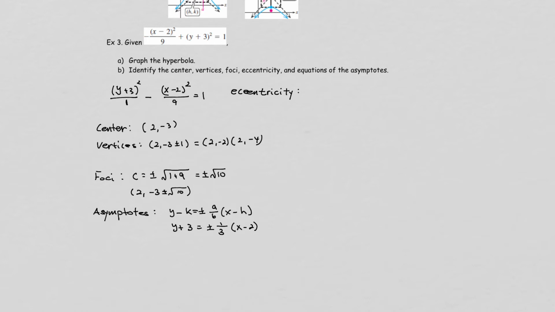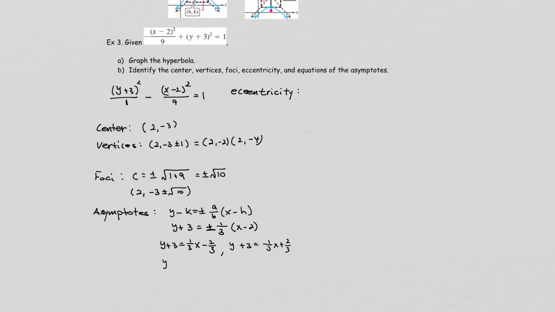And then you will get 2 parts because you have plus minus. So the one with the positive, you're doing y + 3 = 1/3 x − 2/3. The one with the negative, you have y + 3 = −1/3 x + 2/3.